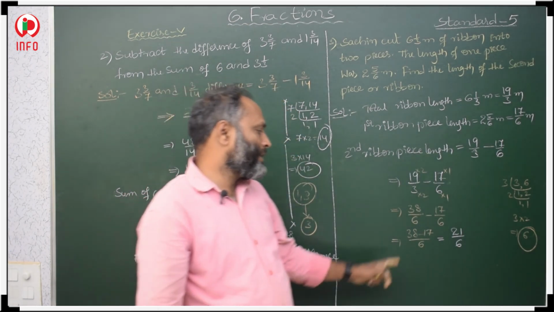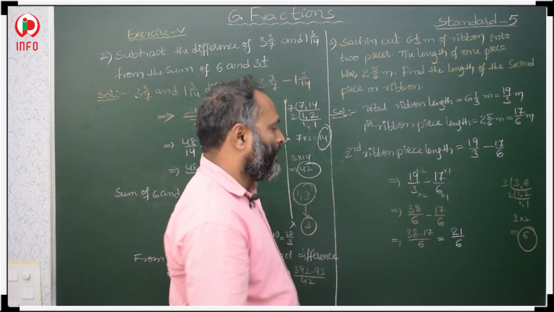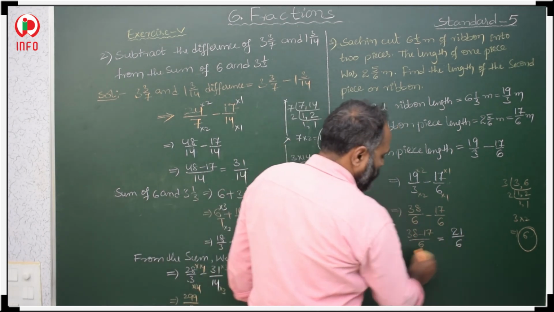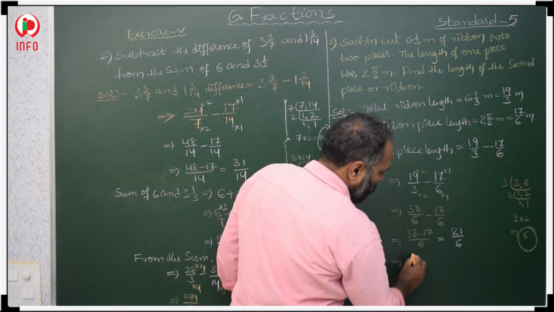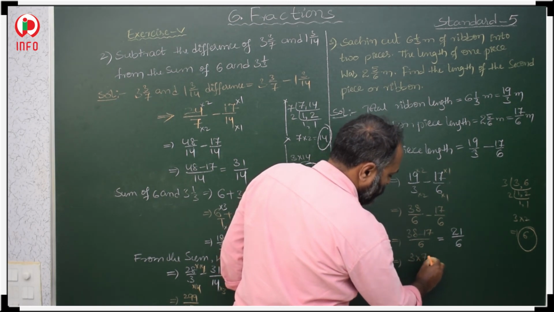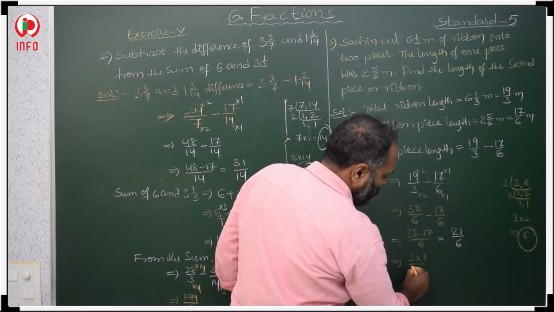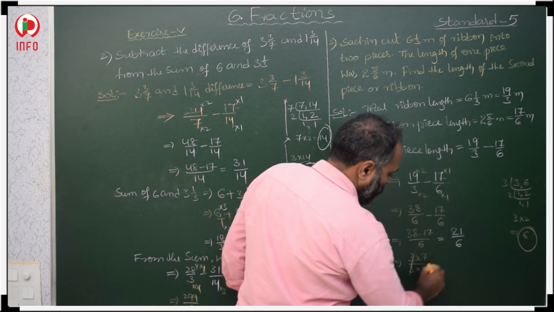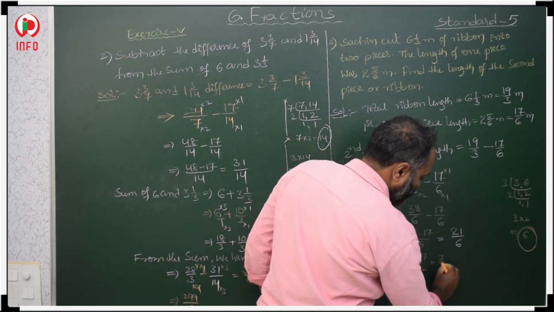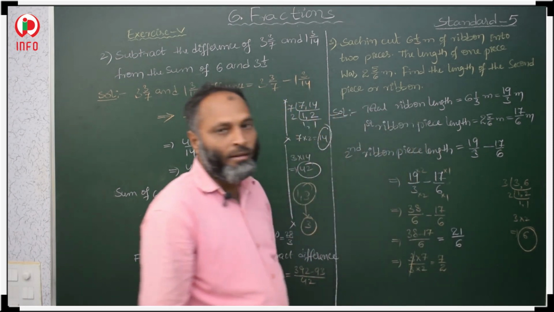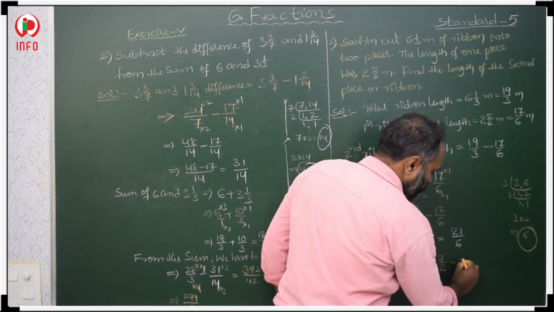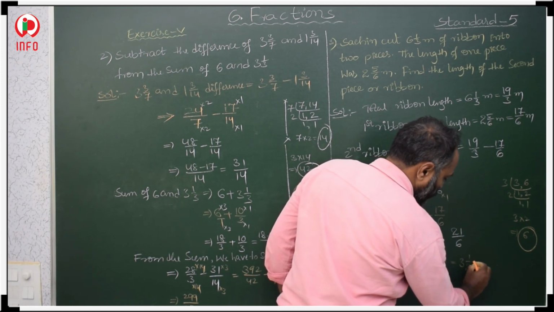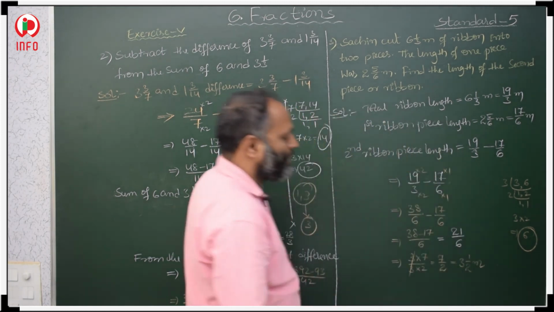Now this is divisible by 3. 21 means 3 sevens are, 6 means 3 twos are, so 7 by 2. Changing the improper fraction into a mixed fraction, that is 3 1 by 2 meters.